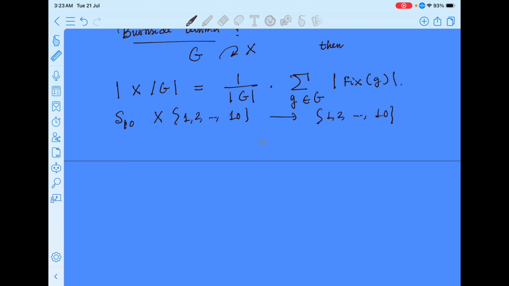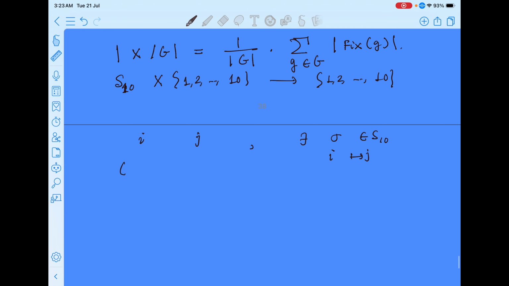Why? Because if you choose any two elements, let's say I am choosing i and j, then there exists a sigma in S10 which sends i to j, namely the cycle (i, j), which sends i to j and j to i.